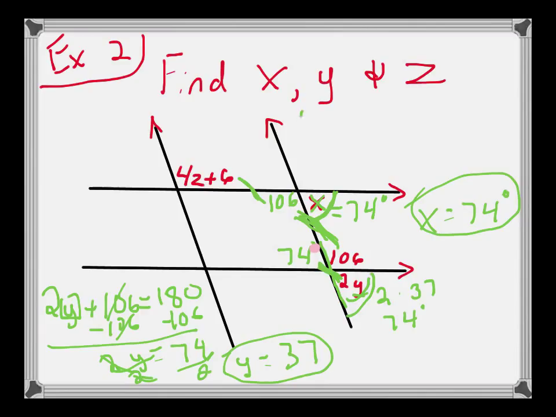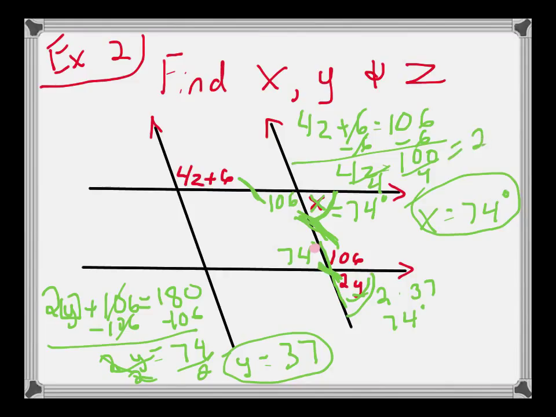So I need to set up that equation: 4z plus 6 equals 106. Now subtract 6 from both sides. Now I can solve. 4z equals 100. Divide both sides by 4, and we end up with 25. Alright guys, so there's z.